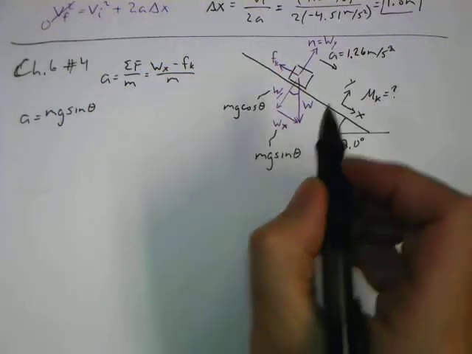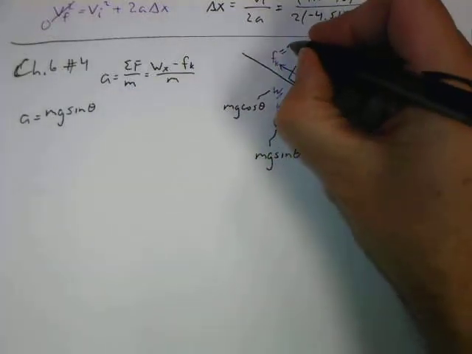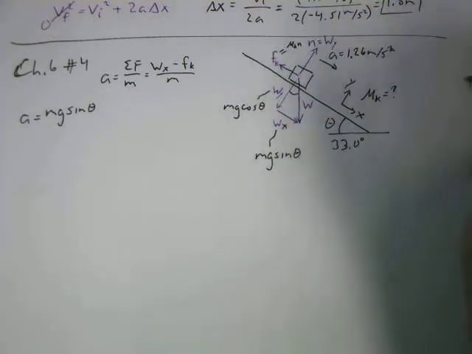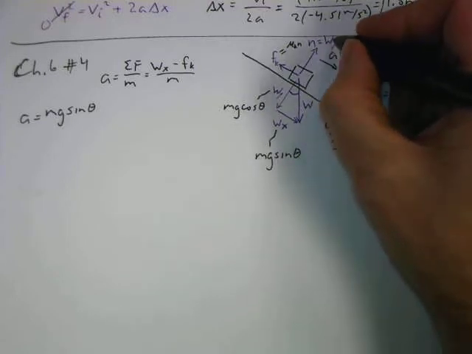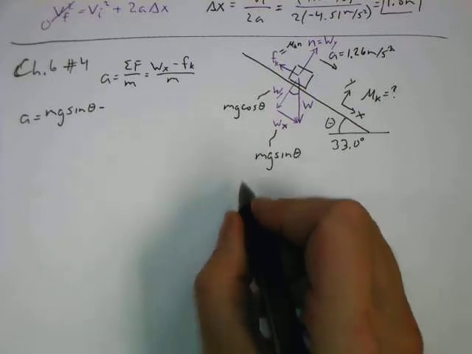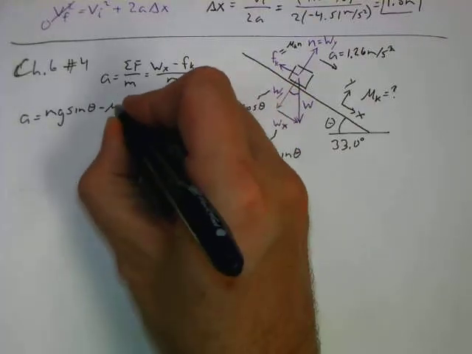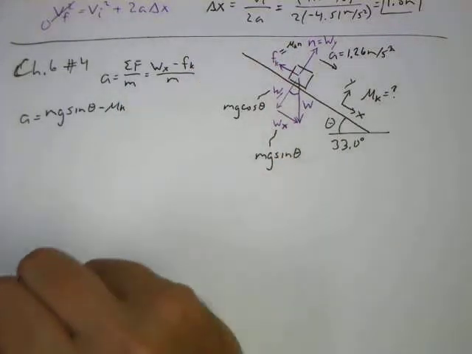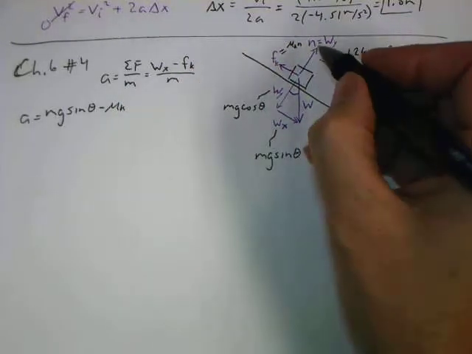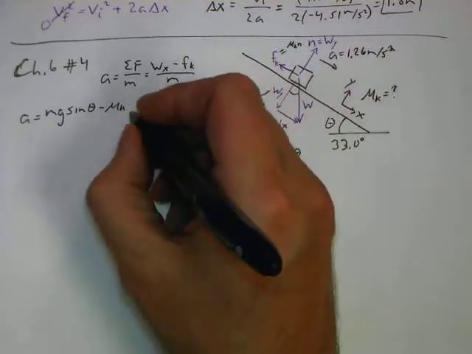minus my frictional force, which, of course, we know frictional forces are mu sub k times the normal force, but we know the normal force is W sub y, which is equal to this. So that means I'm going to subtract my mu sub k, my coefficient of kinetic friction, times my normal force, which is equal to my weight in the y direction, the component in the y direction, which is this guy.